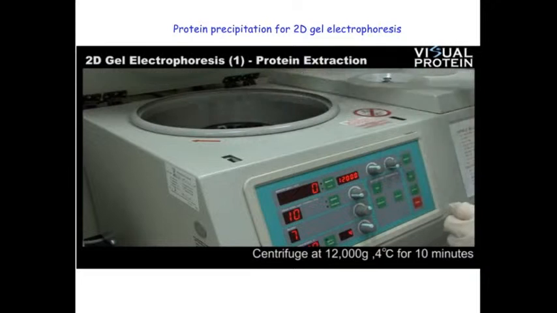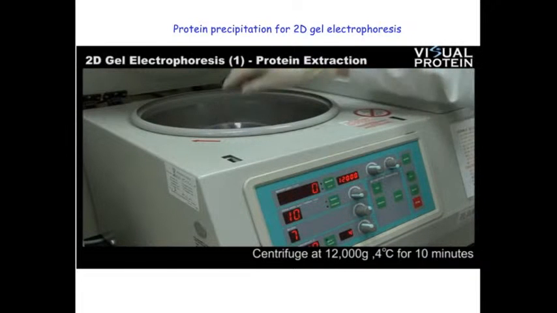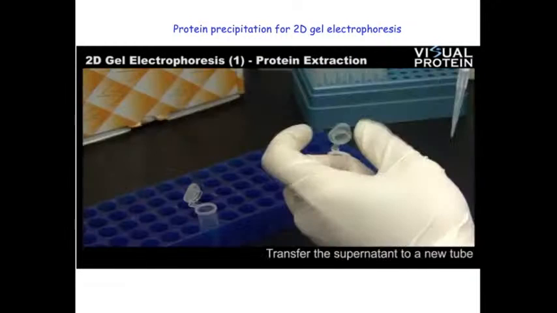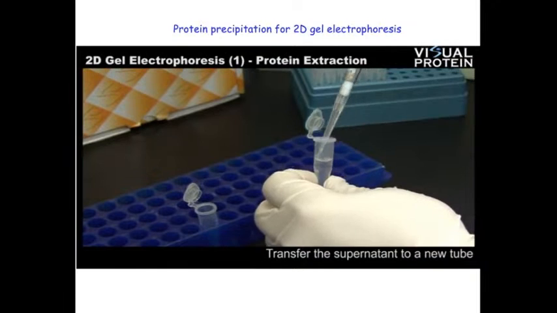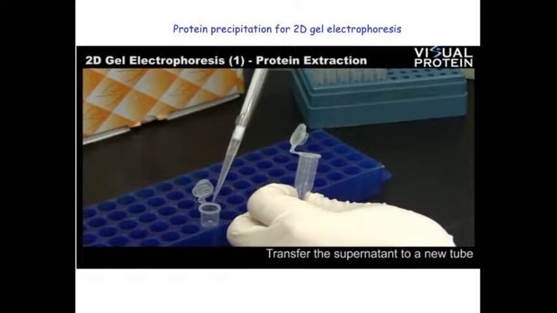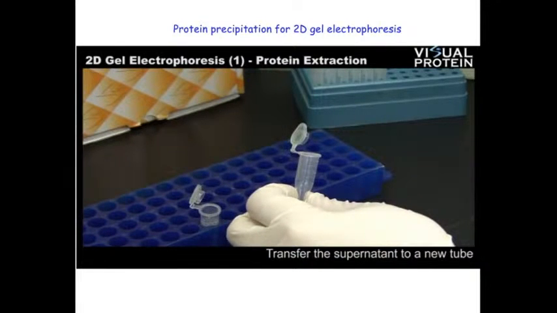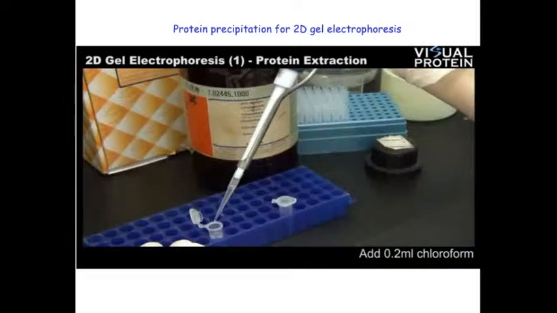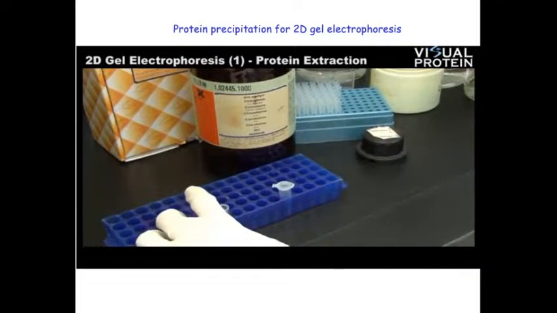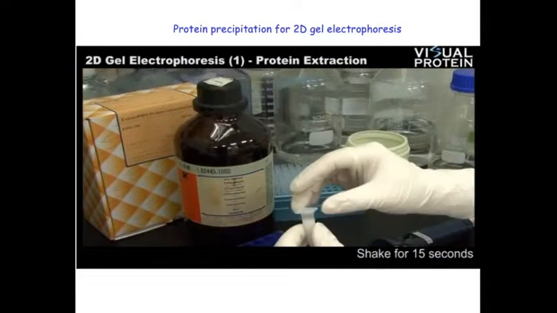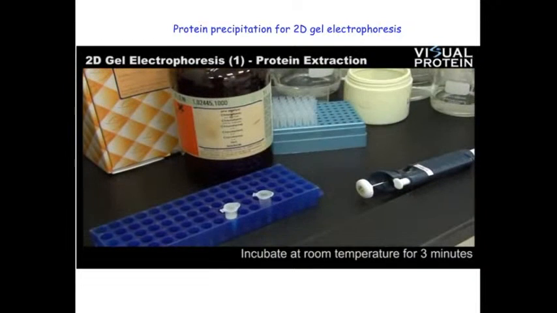The proteins are mixed now, then you centrifuge at 12,000 g at 4 degrees Celsius for 10 minutes. Then you add chloroform, shake for 15 seconds, and incubate at room temperature.